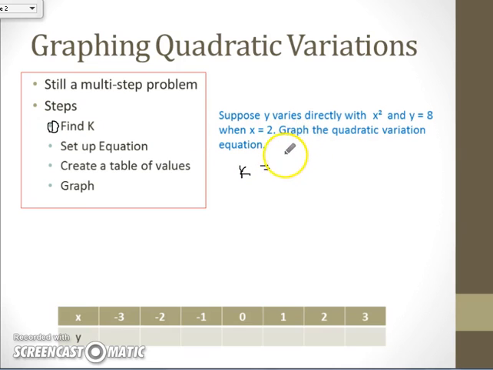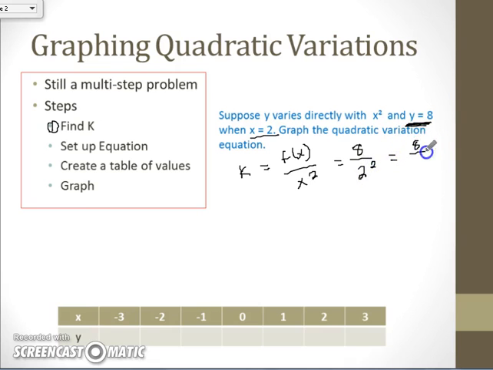We use our quadratic variation equation for k, where k equals our f of x value divided by x squared. And our f of x value is 8 because y and f of x are the same. So 8 over our x value of 2, so 2 squared.